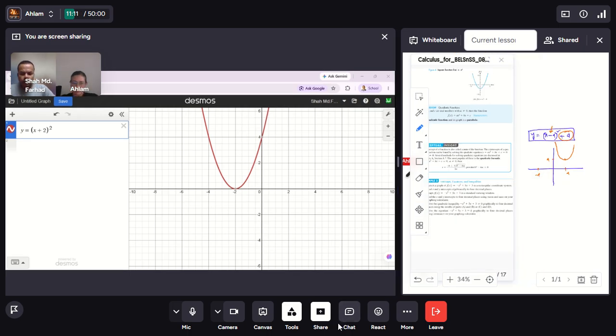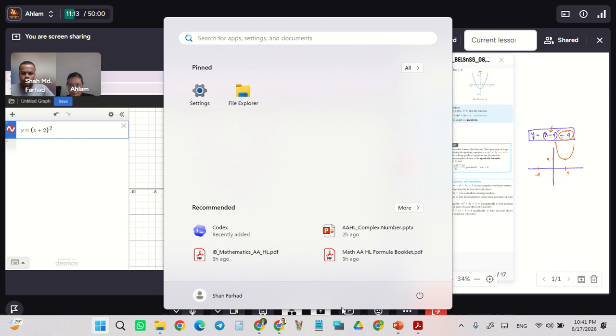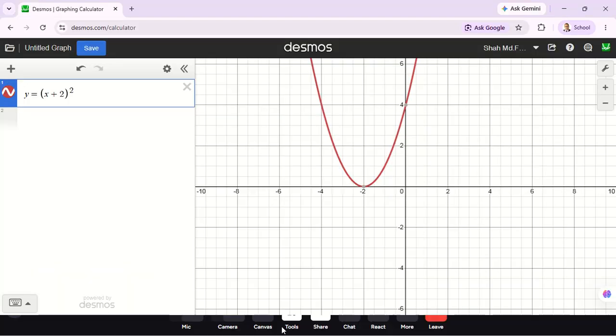Now, if we just put it in, what happens here? Since we are given x plus 2 whole square, power 2, the vertex point is moved to the left in the x-axis direction, right?